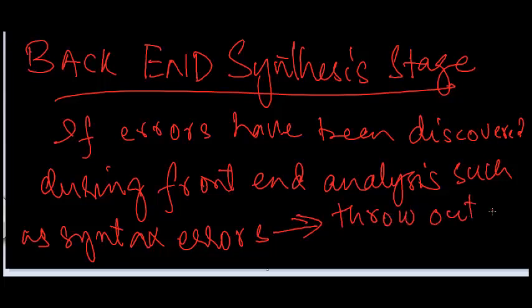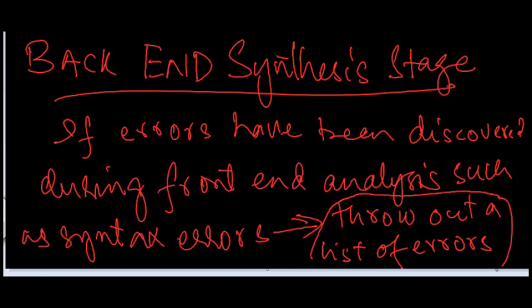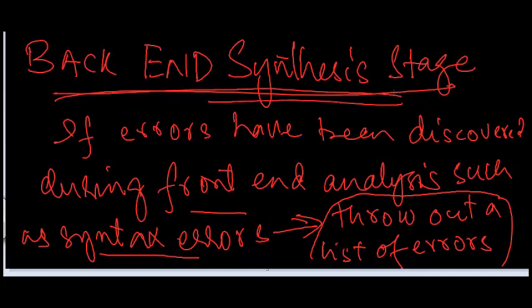So the compiler throws out a list of errors that can be seen by the programmer. That is what happens when the code doesn't compile, right? So if there are errors that have been discovered during the front end analysis, such as syntax errors, then the compiler is going to throw out a list of errors during the back end synthesis stage.